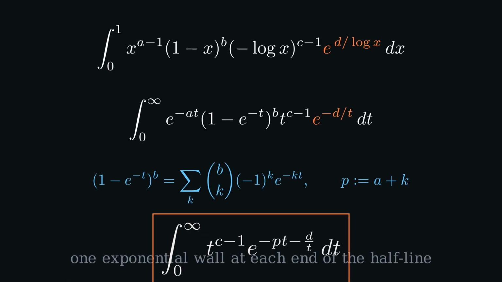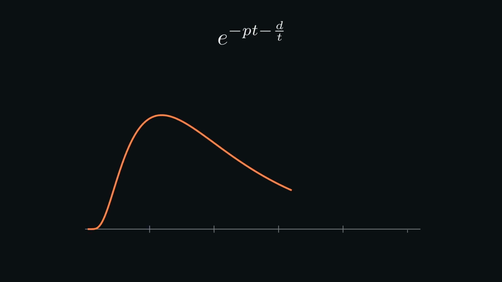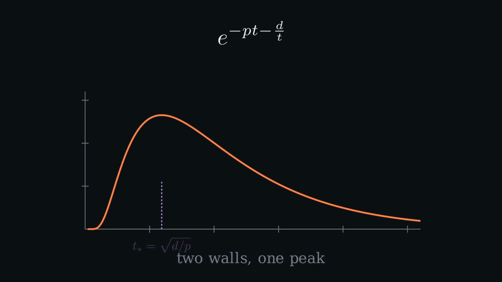Now we can expand that left-hand side term into a sum of binomial coefficients, and we get a nice function here, which we can plot: e to the negative pt minus d over t.